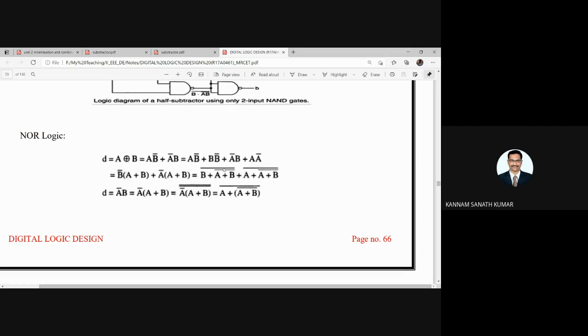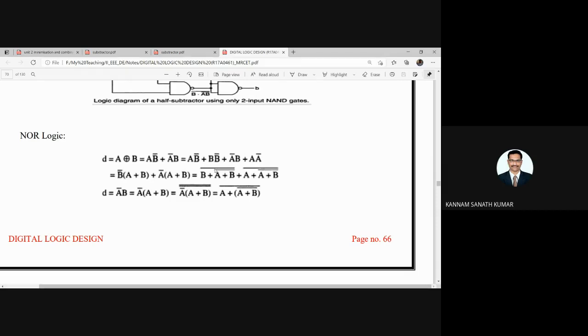From these two terms I can take B bar common, what I will get is A plus B. From the other two terms I can take A bar common, I will get A plus B.